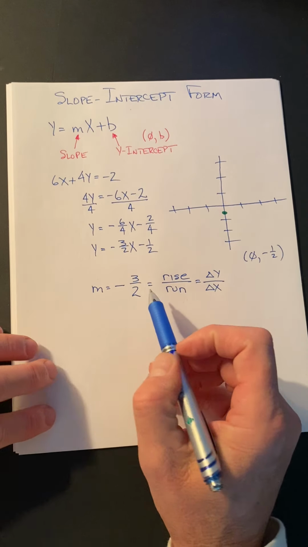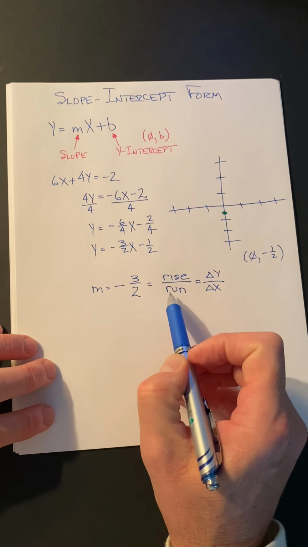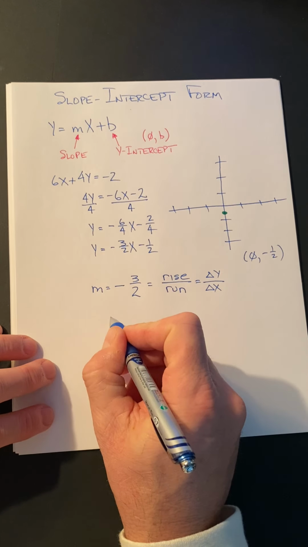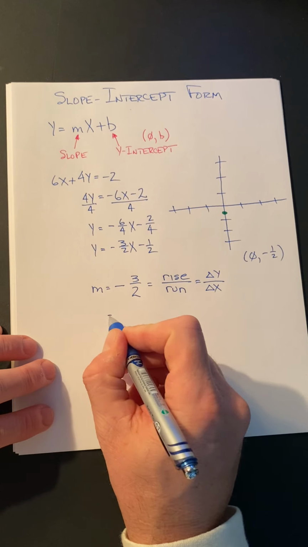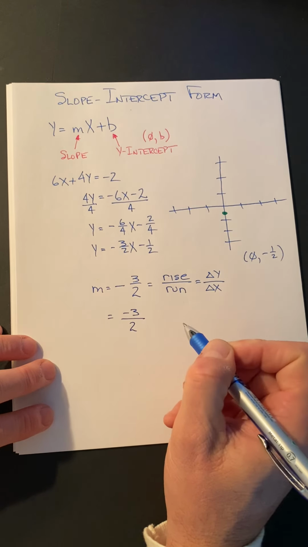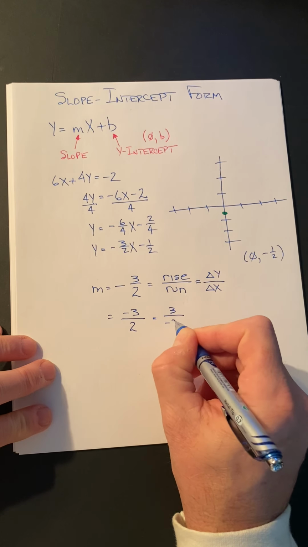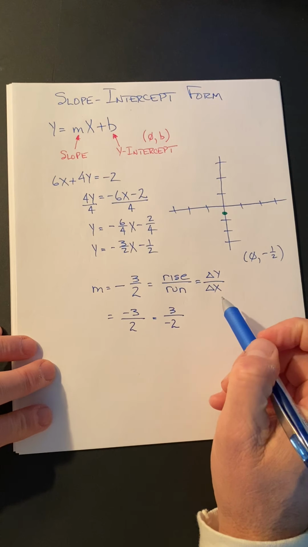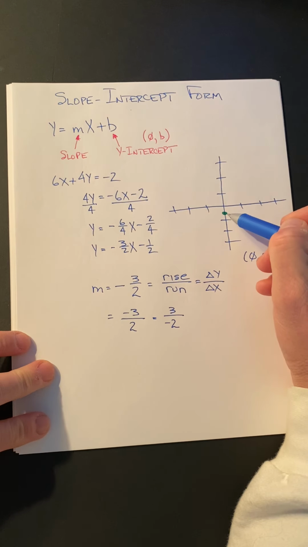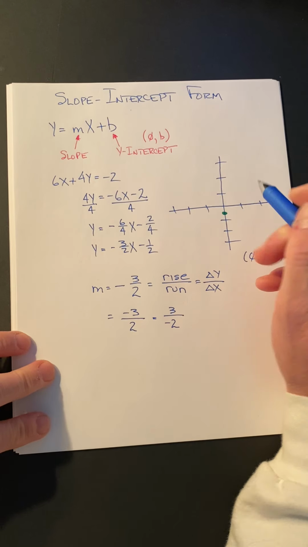So what that says is for every change in 3, I have a change in 2. But I need to be just a little bit more detailed here, and I can think of this as minus 3/2, and I can also think of this as 3 over minus 2. This just gives me options in terms of which direction I want to graph, okay?